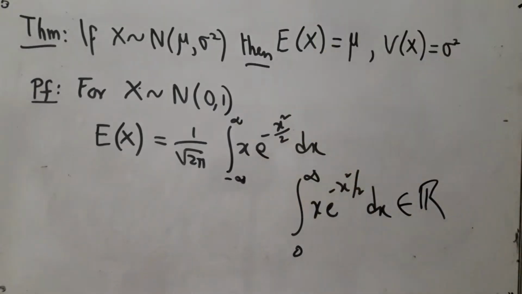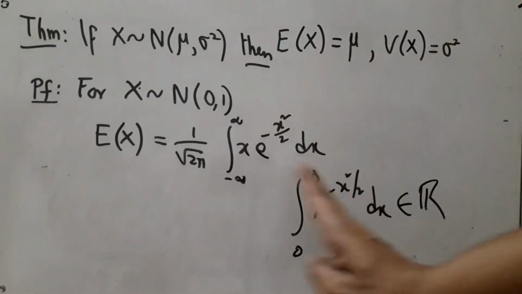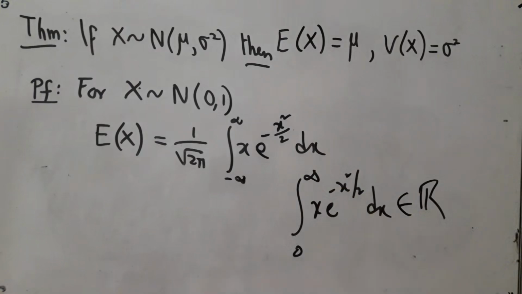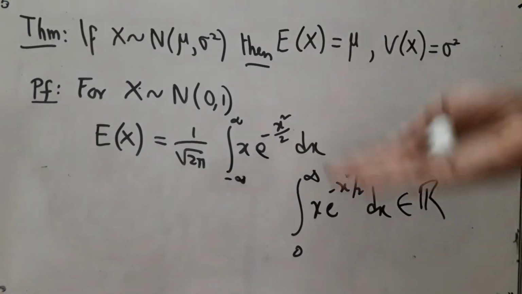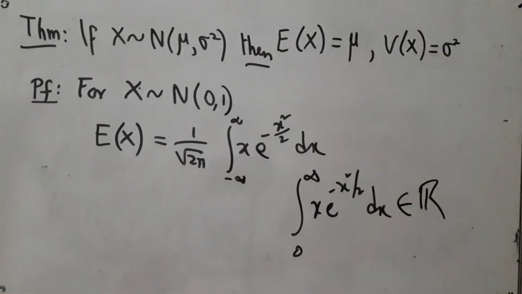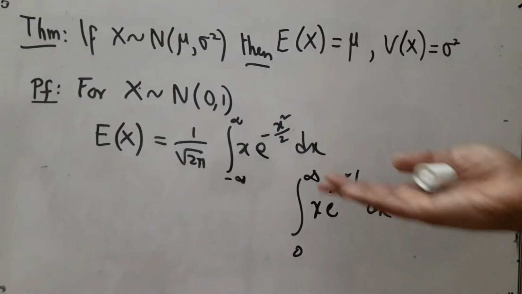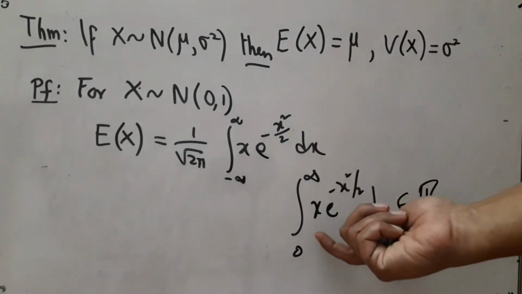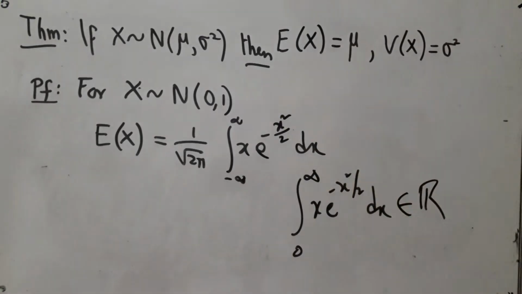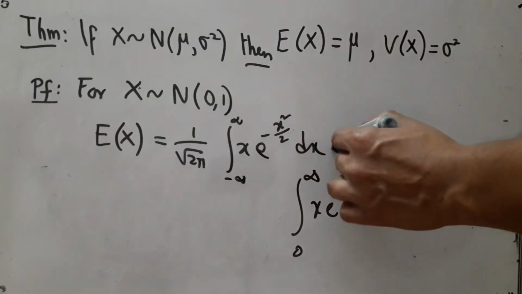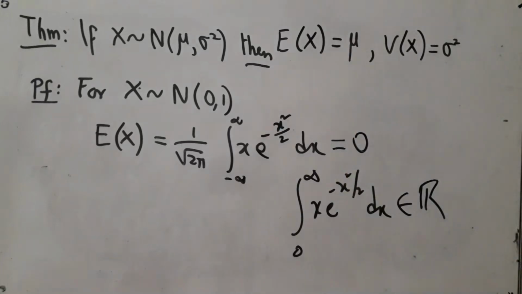Because this being an odd function, this half and the other half should be negatives of each other, but if this happens to be infinite, then the entire thing will be infinity minus infinity, which is not 0. But in this case, you should first convince yourself, which is not very difficult, that this is a finite quantity. Hence, you can indeed say that this equals 0.